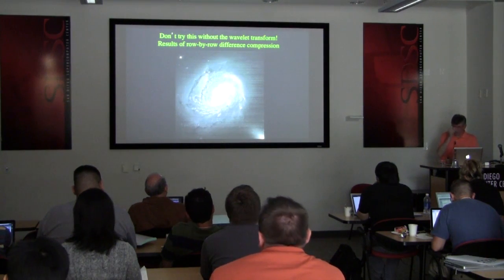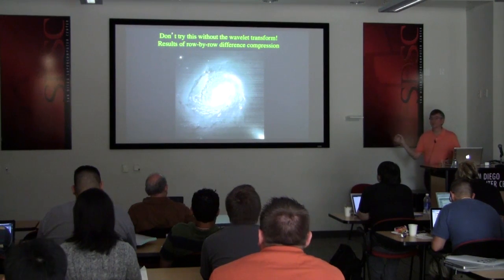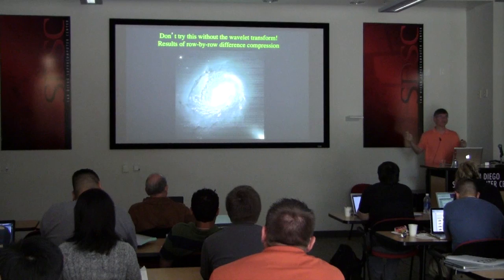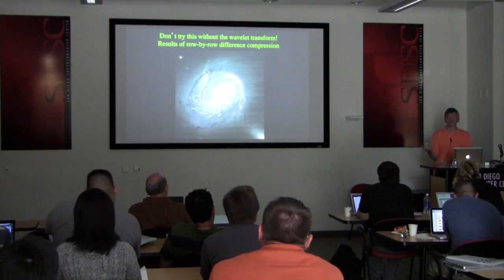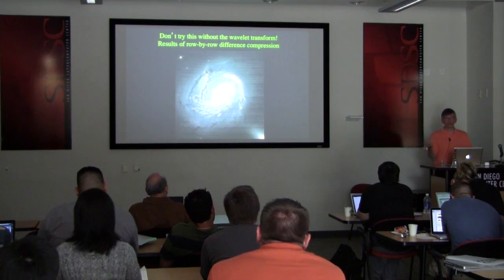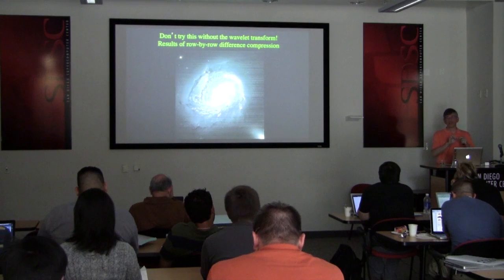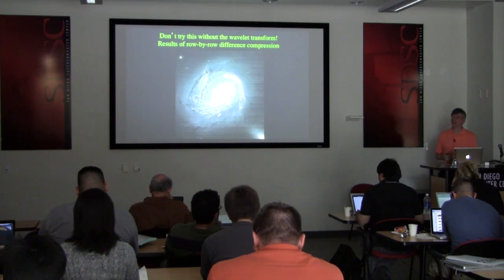And for comparison, there are other algorithms for compressing images where you do, for instance, row by row. You take differences of rows of pixels in the image. And that's a reasonable way to do lossless compression of images. If you try to use that for lossy compression, where you don't preserve exactly the differences between pixels along those rows in the image, it does a terrible job.